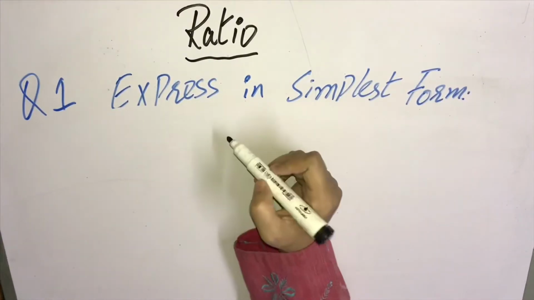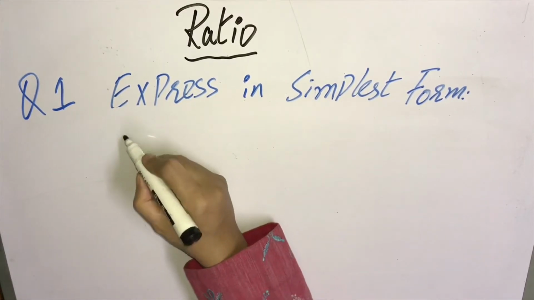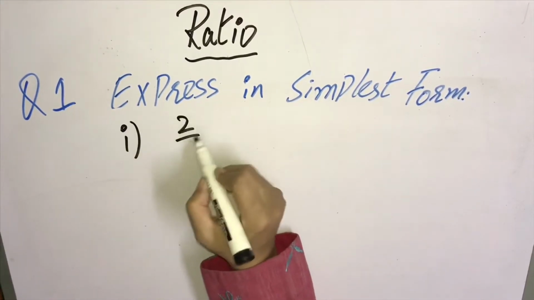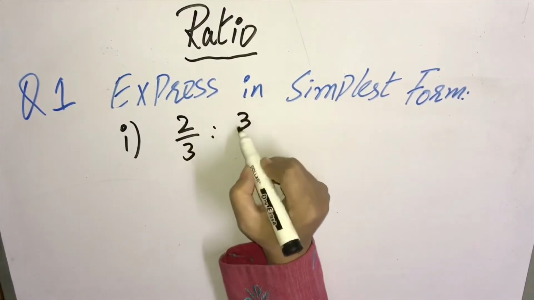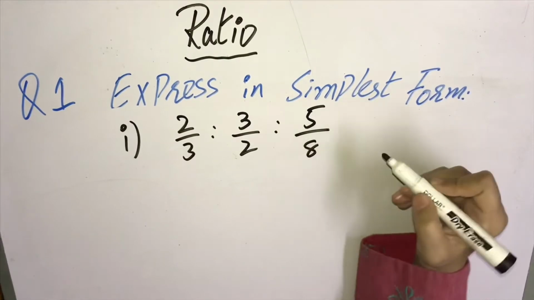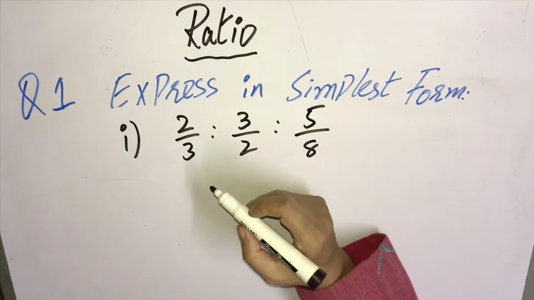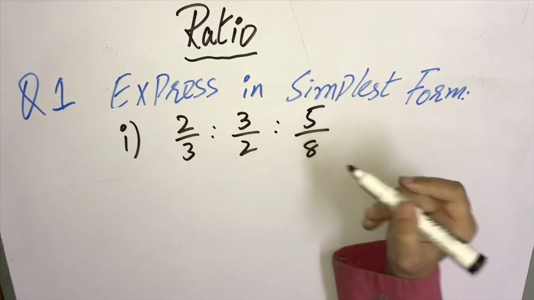We are going to express different ratios in their simplest form. The first example is 2 over 3 ratio 3 over 2 ratio 5 over 8. What we will do is first make their denominators the same, then drop the denominators and compare their numerators.